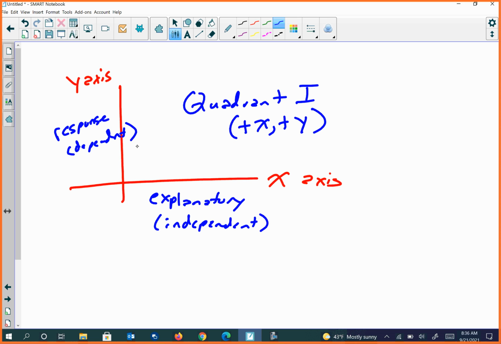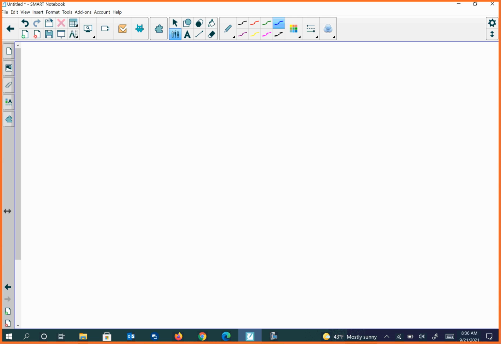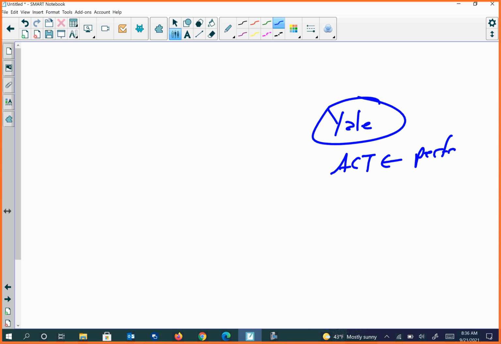An ACT score might be used to predict how well you would do in college. Okay, so you all know that sometimes if you went to Yale or some other one of the Ivy League schools, that ACT score needs to be pretty much the perfect score.